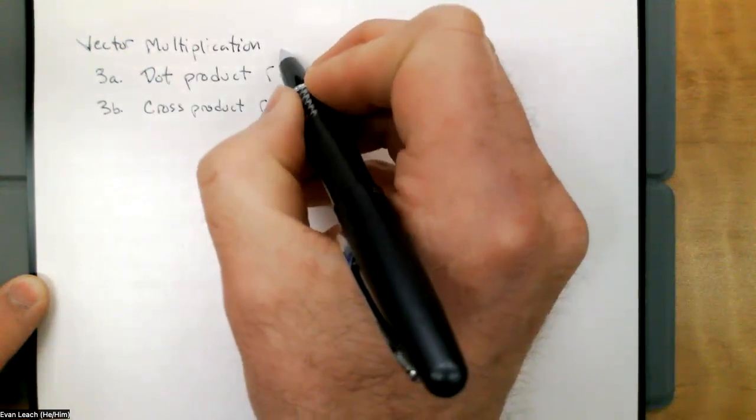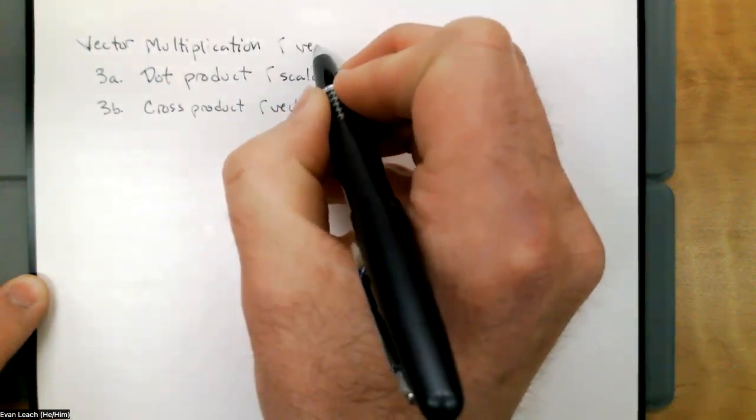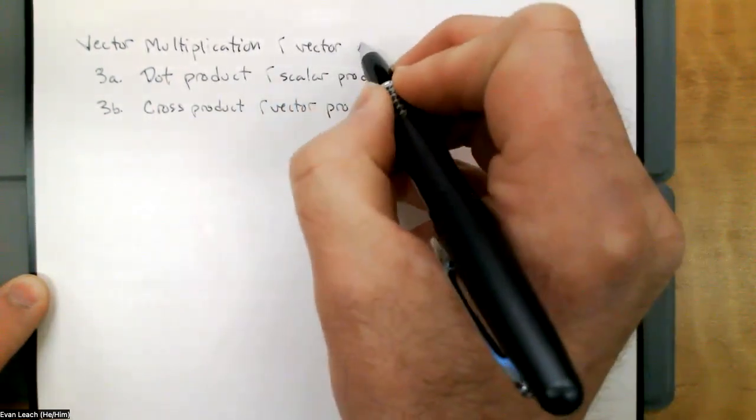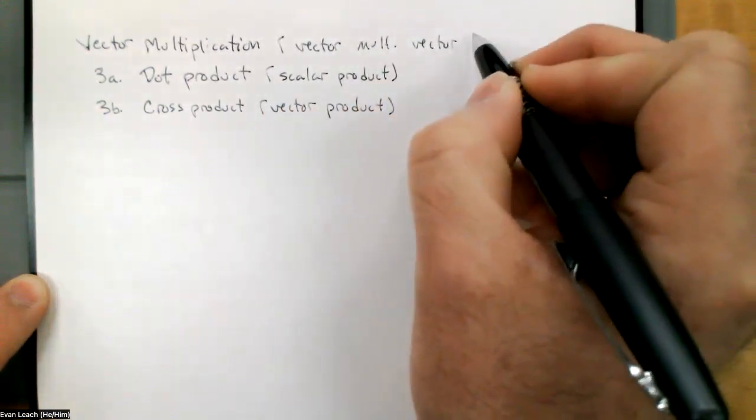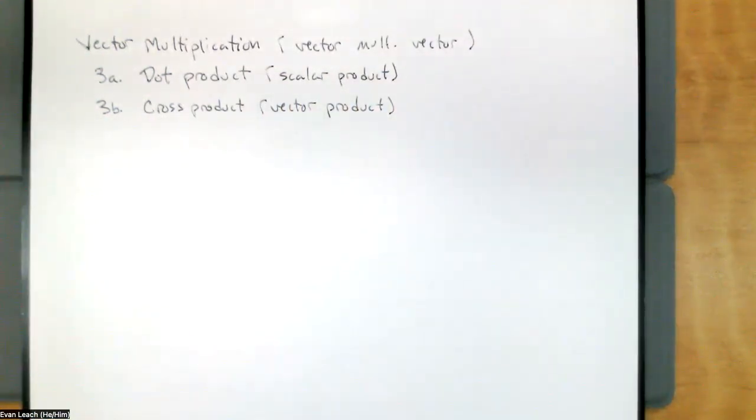Here, vector multiplication means we have a vector multiplied by another vector. Two kinds of vector multiplication.